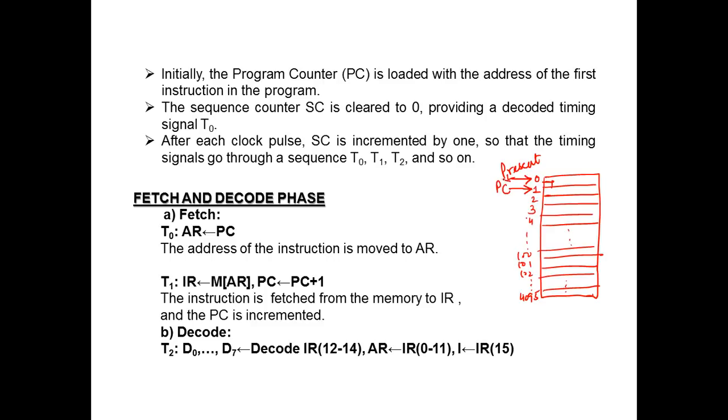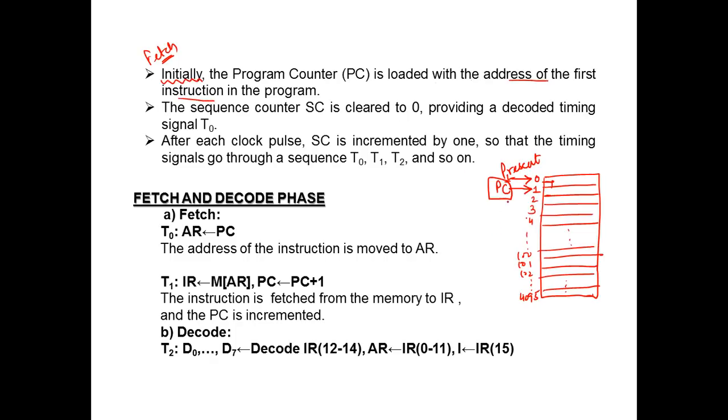The reason I am talking about the program counter here is that the fetch phase always starts from it, and has to deal with it. The program counter is loaded with the address of the first instruction in the program.